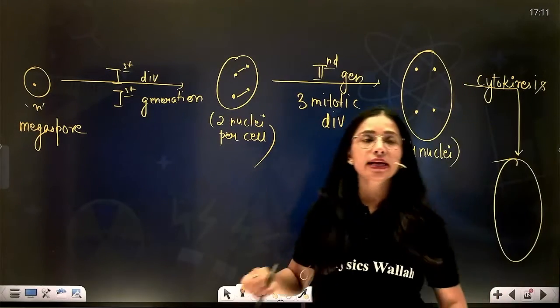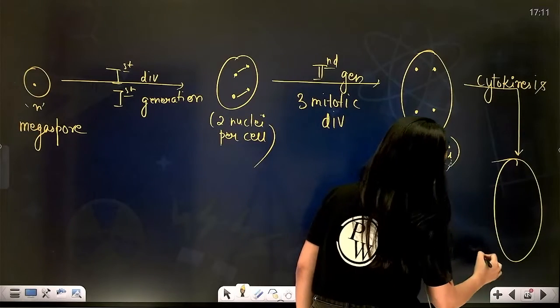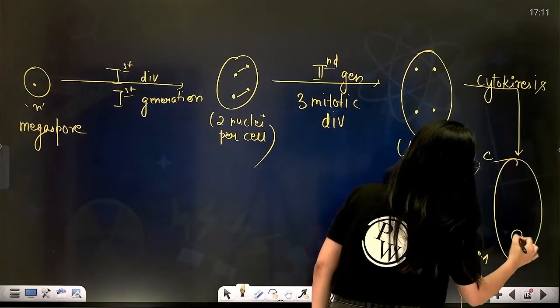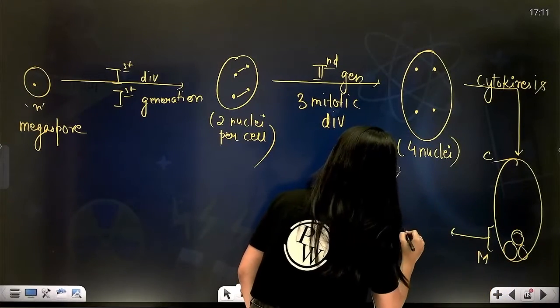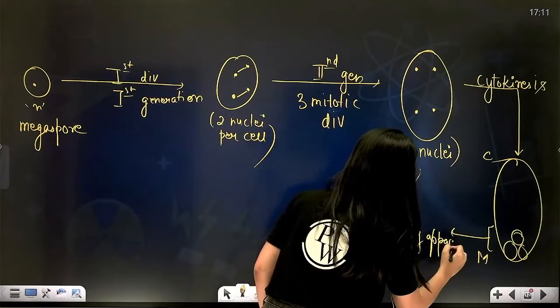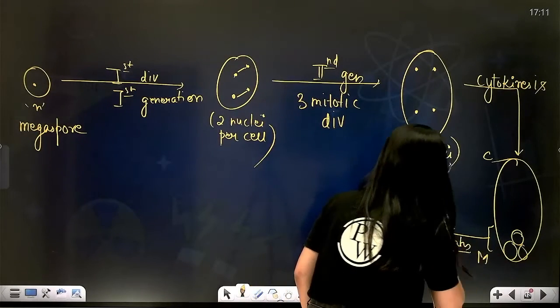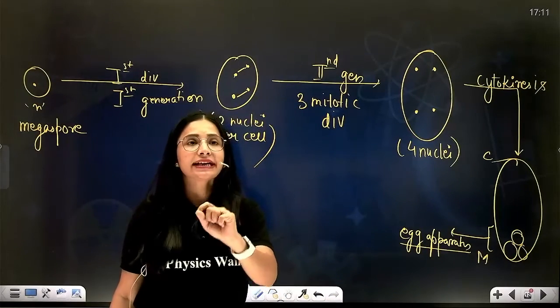Out of the 4 cells, 3 come below towards the micropyle and form the egg apparatus in Oenothera type, which is again 3-celled and 3 nucleate. Now how many cells are left? 1. How many nuclei are left? 1.